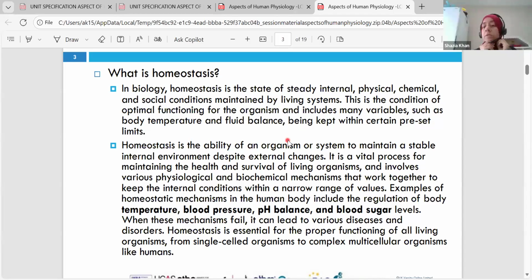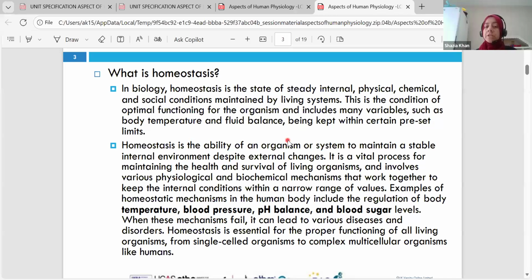It includes a lot of things like body temperature and fluid balance. My body starts contracting, and sometimes you shiver when your body is very cold. What happens? Internal heat is produced, because of which your body system works normally.